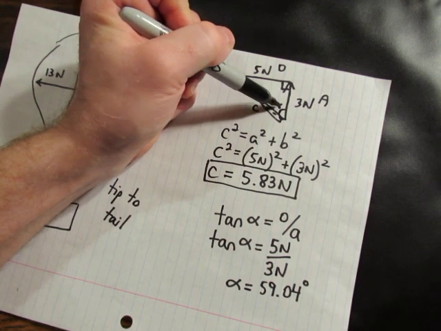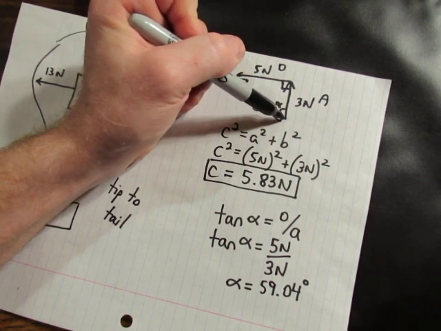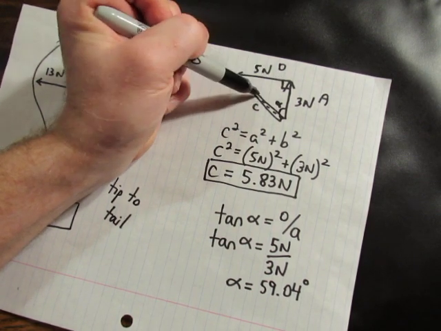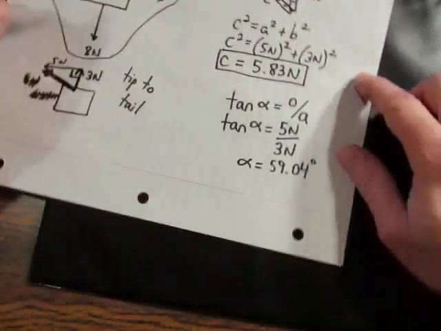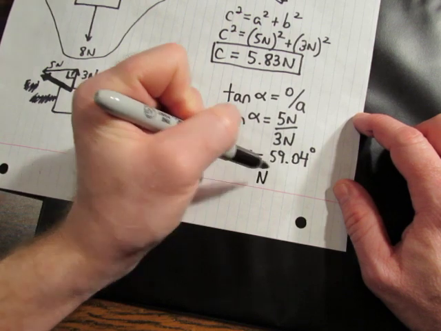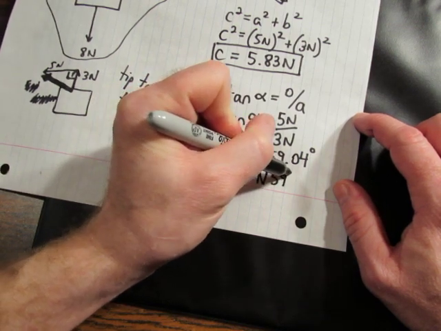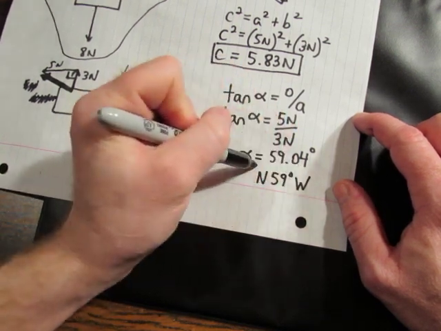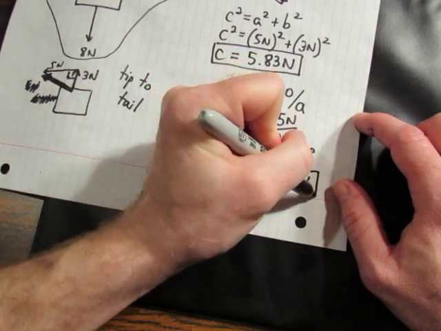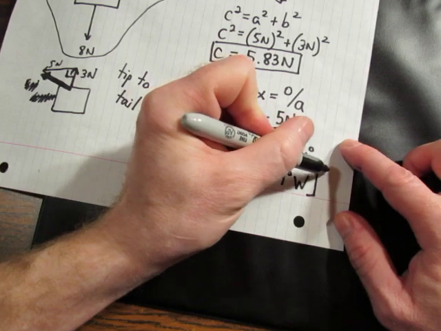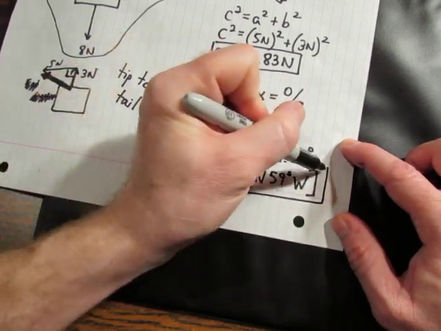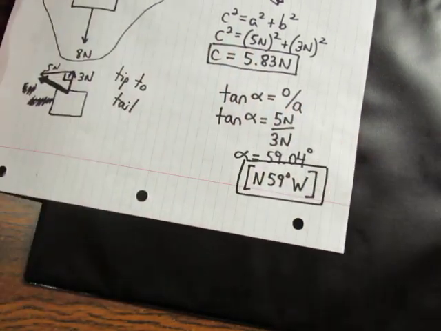This is a 59 degree angle in here, so this is north, but 59 degrees swung over to the west. So my final answer would have to be north, 59 degrees west, and I'll put that in square brackets because square brackets always denotes direction. And so this here is going to be the second part of the final answer.